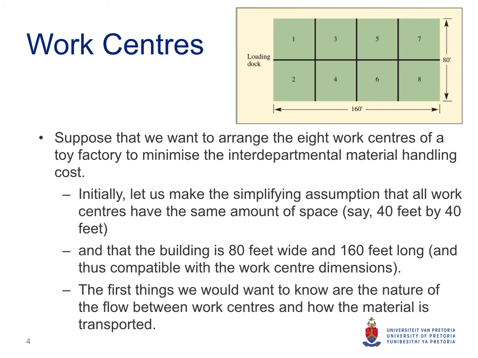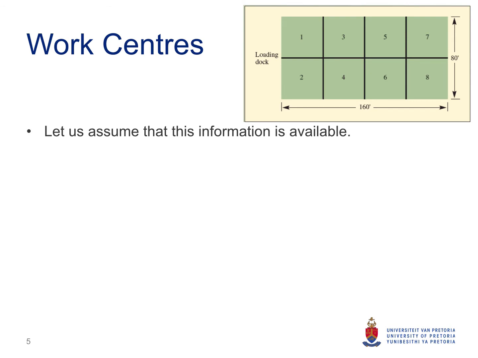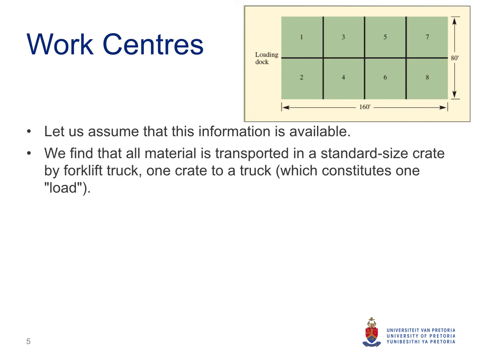Now we need to find out how much and what type of traffic there is between work centers. This information is available for our prying minds. The transport is done by forklift truck, which carries one standard-sized crate per trip.